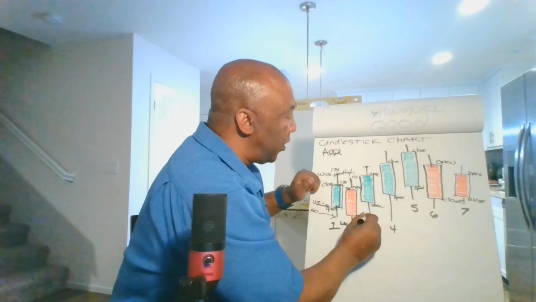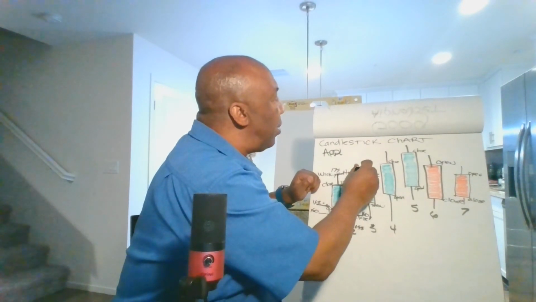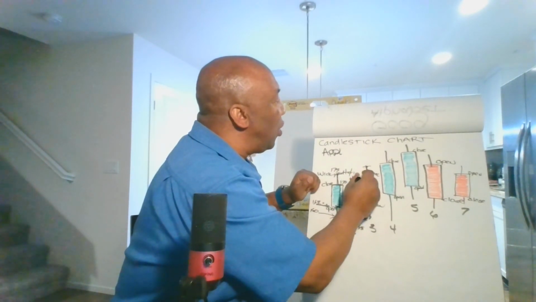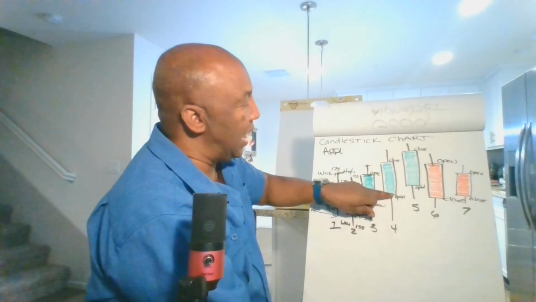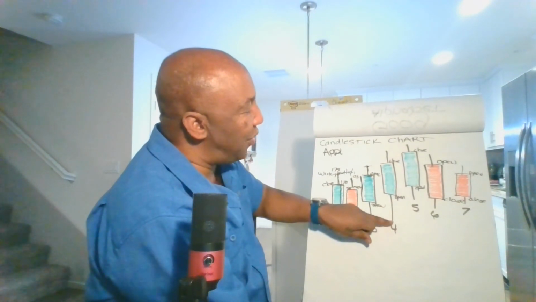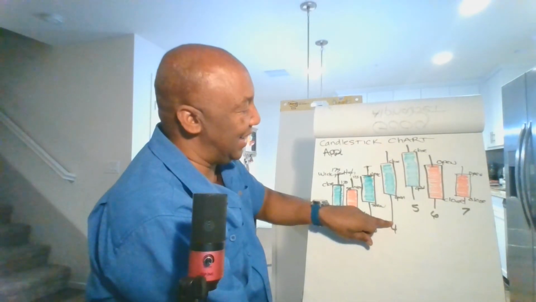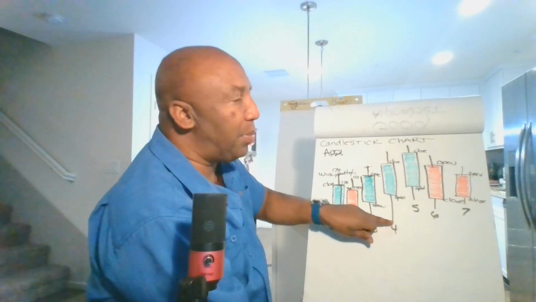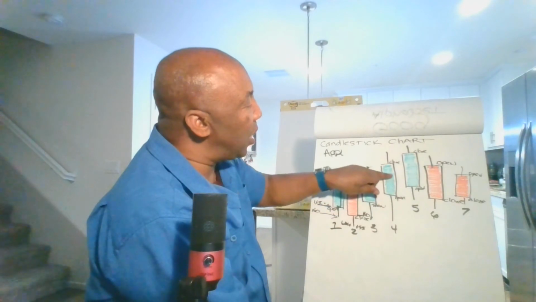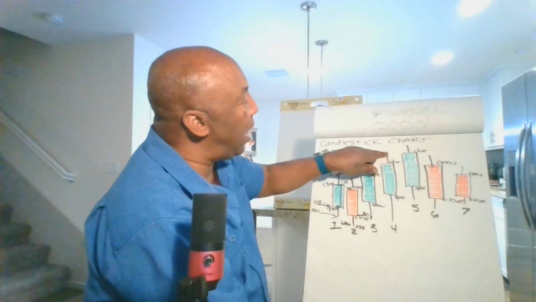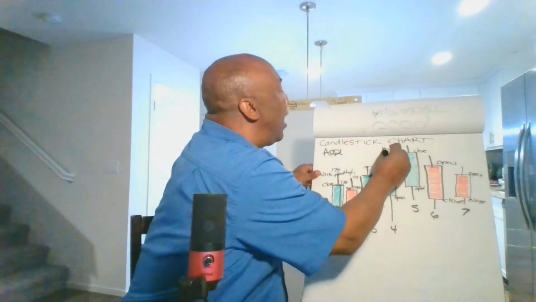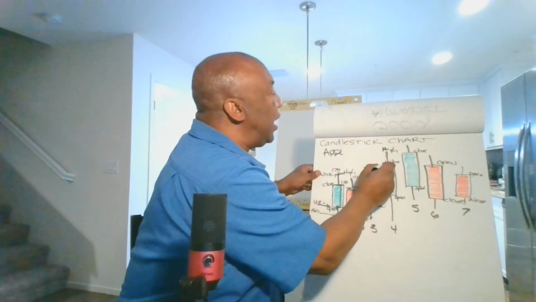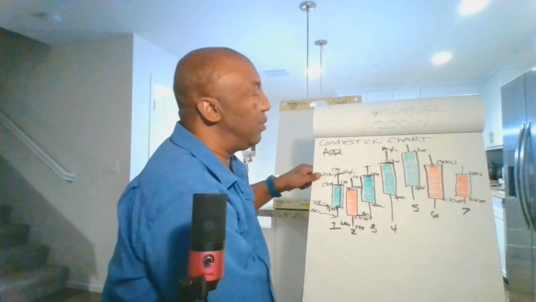This is the low for the day. This is the high. But it eventually closed right here. Next day, it opened here, and look how far it went down. That's the low. But the buyers said, no, we're going to buy. And now you have a high for the day. And then it settled here, and this is where it closed.